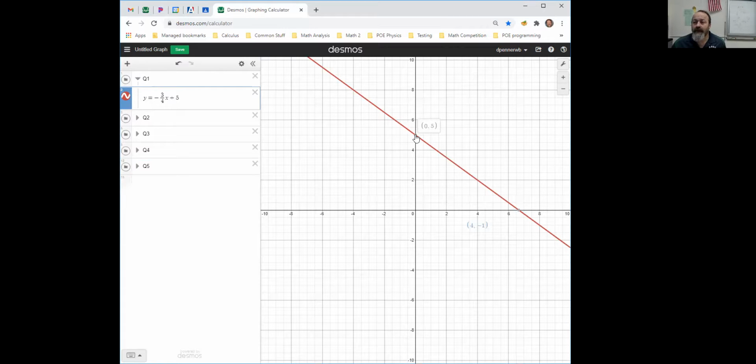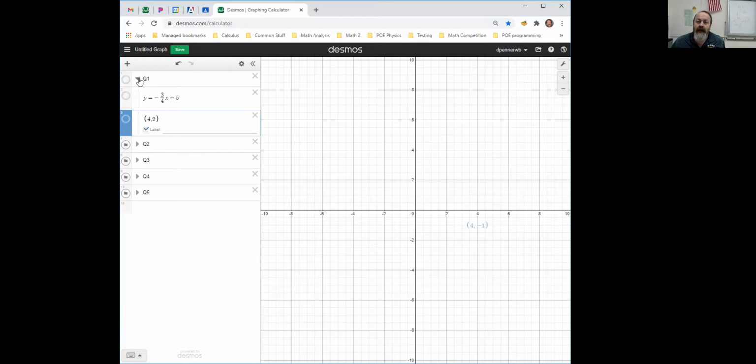If we drop 3 and run 4, I believe when we dropped 3 and ran 4, we hit the coordinate 4, 2. And you can actually see right on there, and you can even label the points if you want to. So I'm going to go ahead and turn that stuff off, and let's look at question 2.